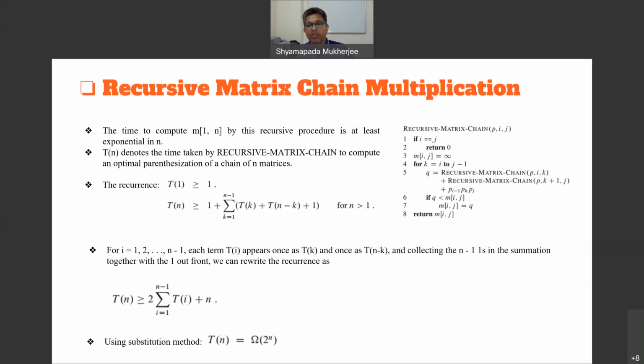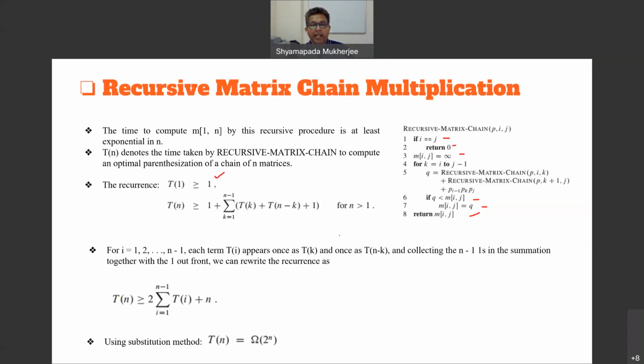From the algorithm we can say some steps are constant, like the comparisons. If the matrix chain is of length 1, then the cost must be constant, so we can represent it as T(1) is greater than or equal to 1.